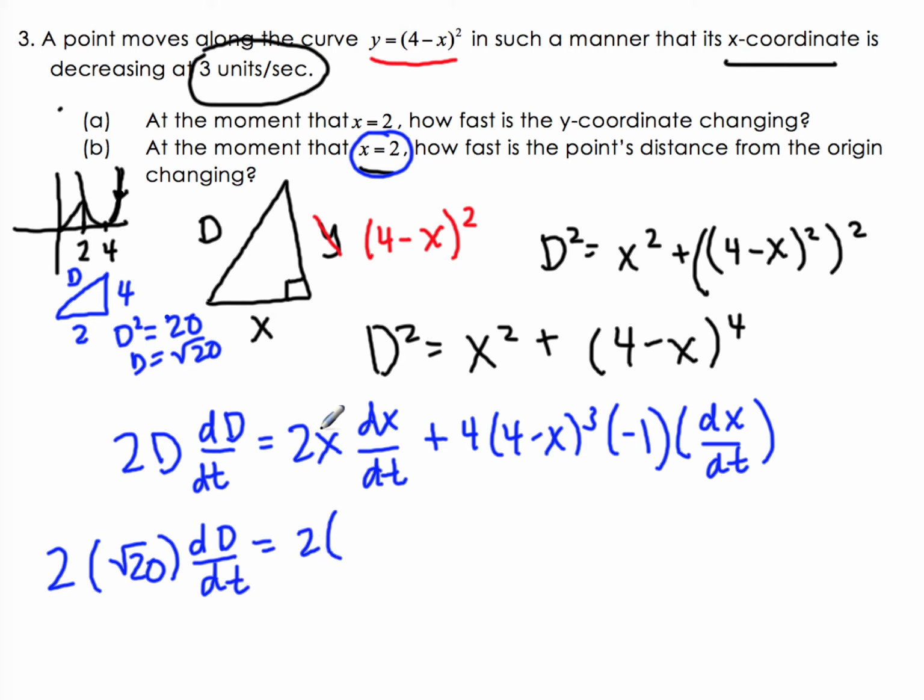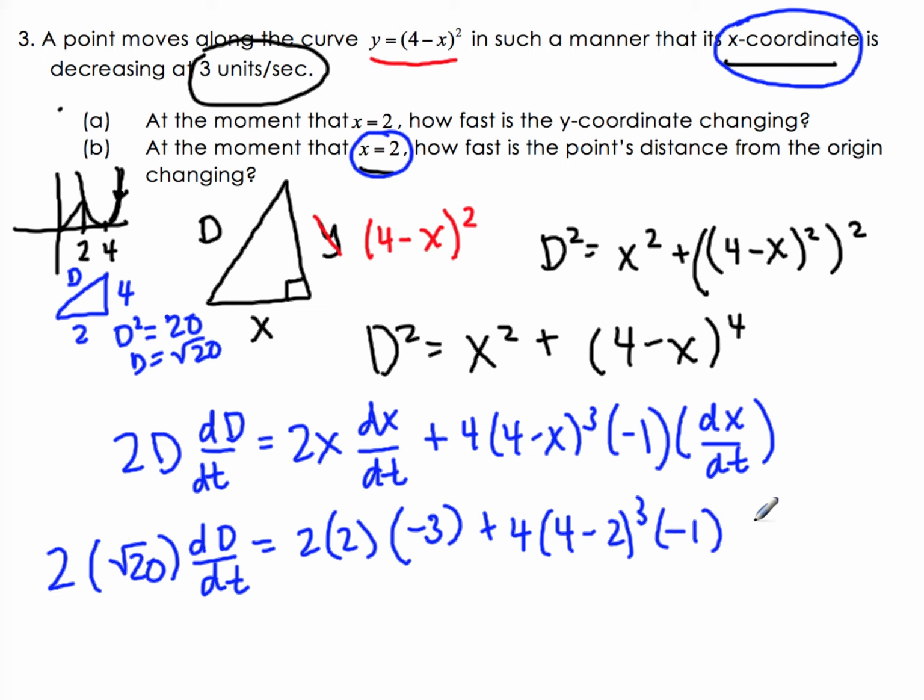2 times our x value, we already know that. X is 2. We have our x coordinate is decreasing at a rate of -3, plus 4 minus 2 squared, times -2 times 2, the rate of change, -3. And now it's just some calculating here. So I have 2, I'll go ahead and simplify that. 2 times 2 root 5 dD/dt.